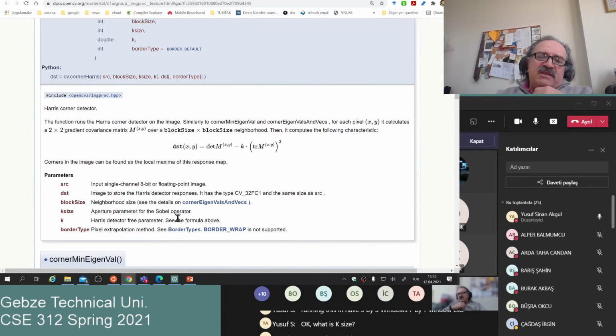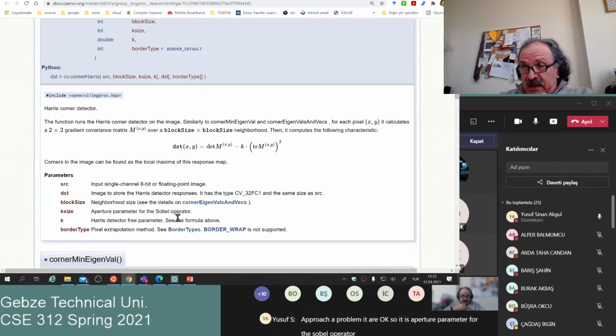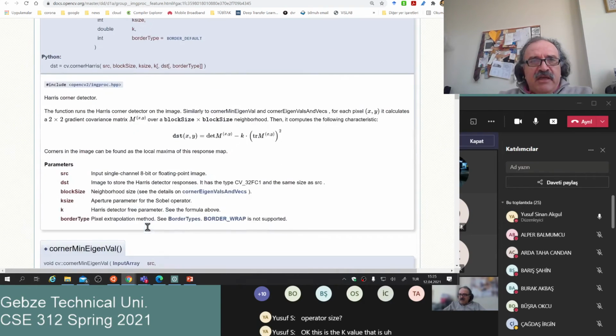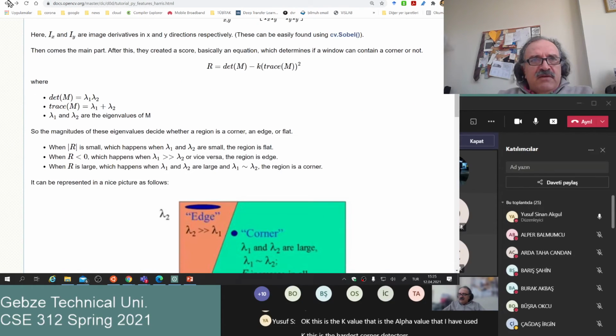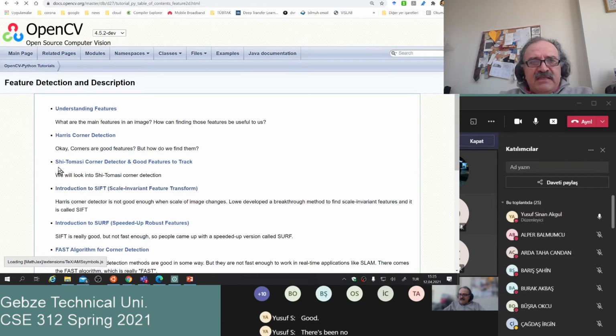It is the aperture parameter for the Sobel operator. So I am taking the derivatives in x and y direction, but what will be my derivative operator size? And this is the k value, the alpha value that I have used. Okay, this is the Harris corner detector. Good, as we know.